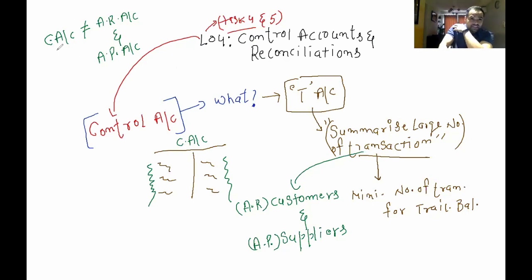The major difference is that it's a single account, recording all kinds of transactions in one T account. But here, accounts payable could be more than one, depending on how many customers we have. You can have one customer, two, three. Same thing, you can have one supplier, two suppliers, three suppliers.